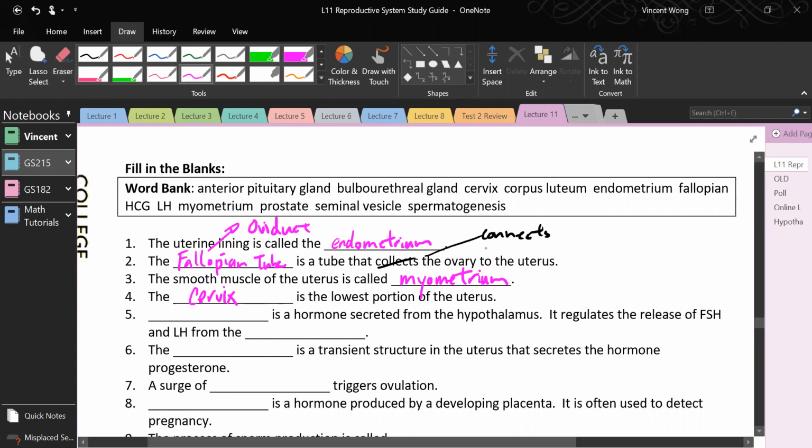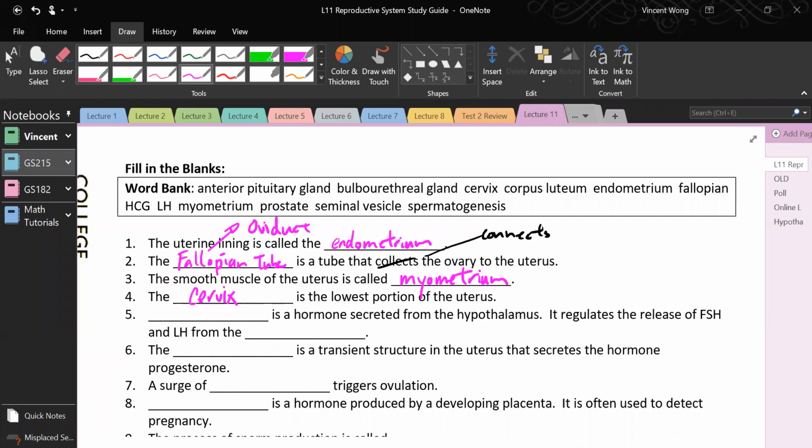There is a mucus plug that will seal the cervix during pregnancy. So again, nothing comes out and nothing goes in. When I say nothing goes in, I mean if there is some kind of infection from the mother, for example, like a fungal infection, that's not going to go in and affect the baby.